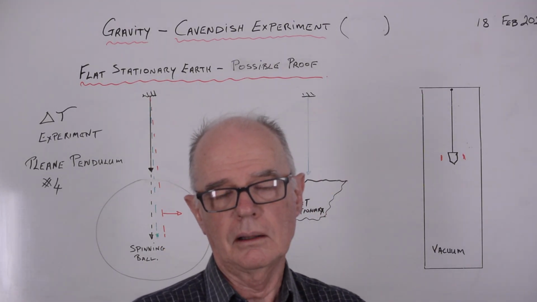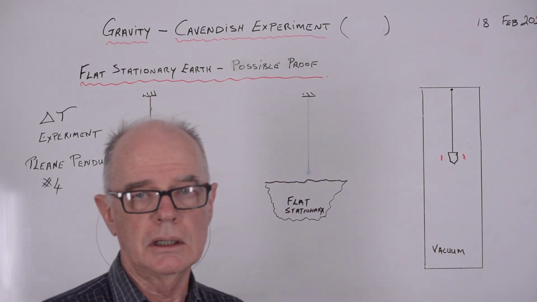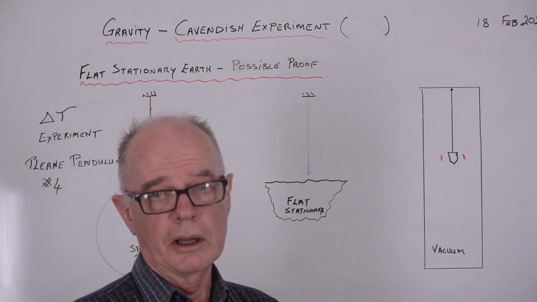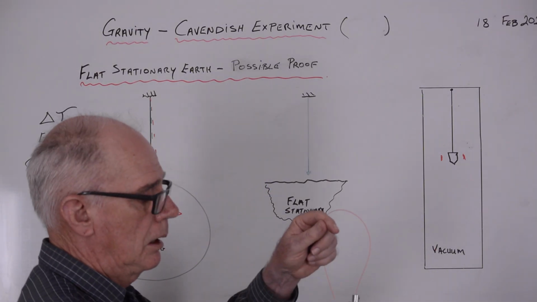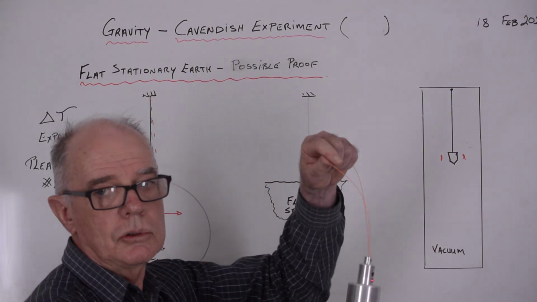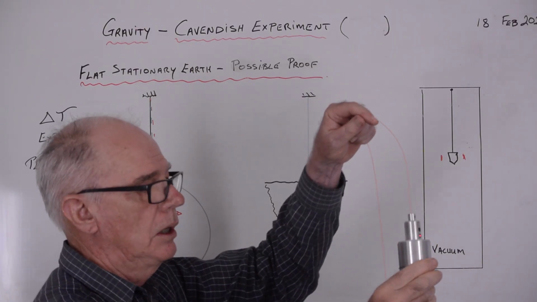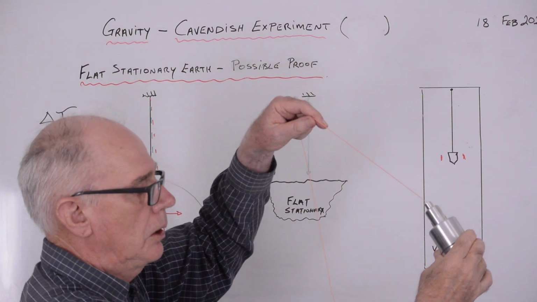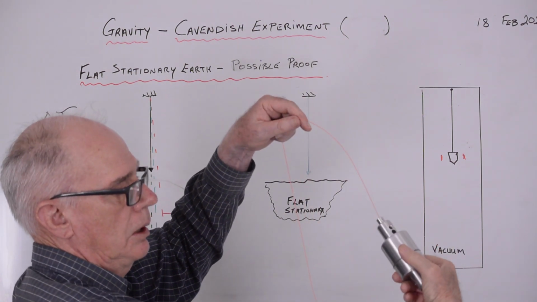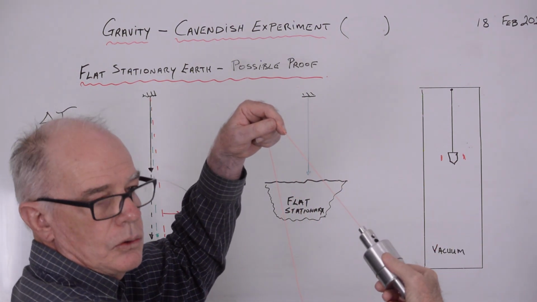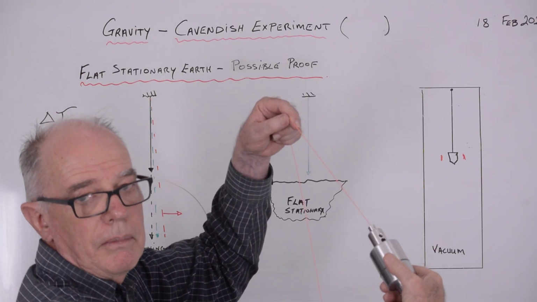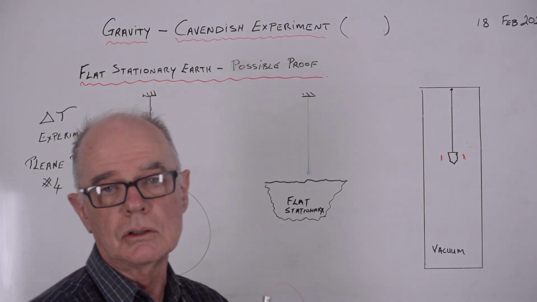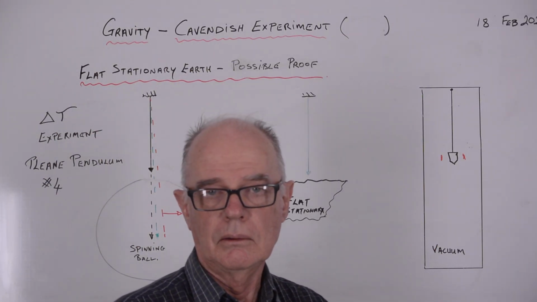Now, what the controversy is with the delta T experiment is if there was a centrifugal vector, the plumb bob, the bob part should actually turn and swing and stabilise to the centrifugal force. And in theory, well in practice, the laser should not oscillate.